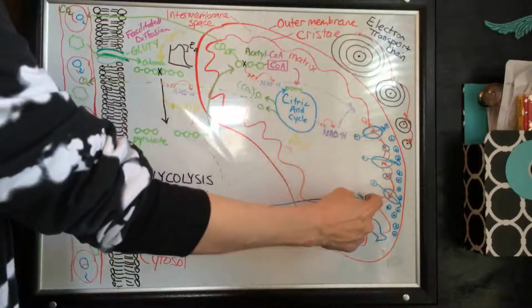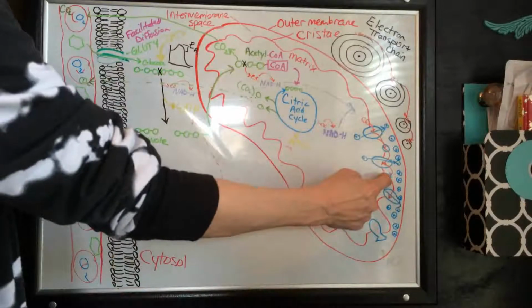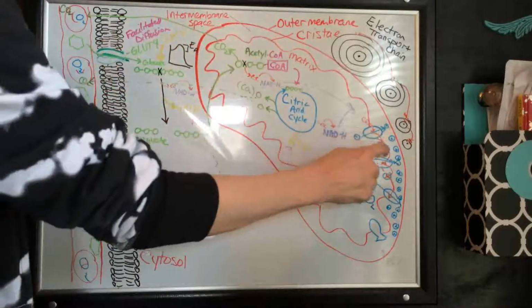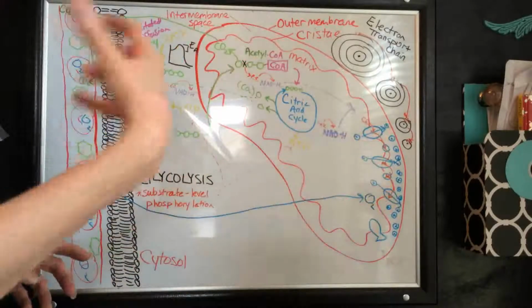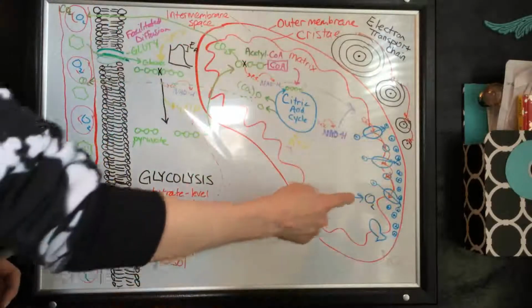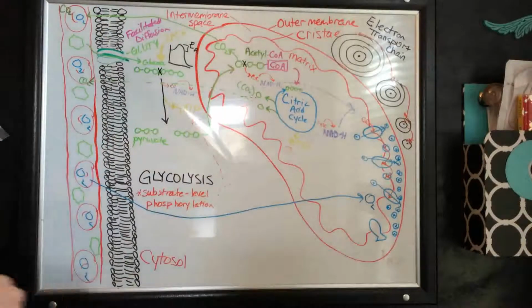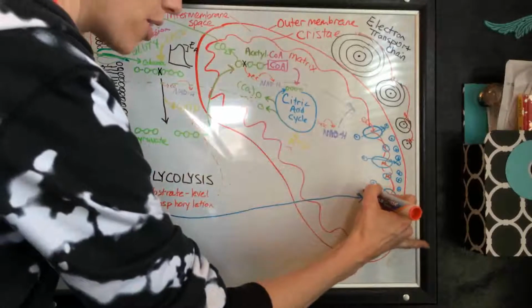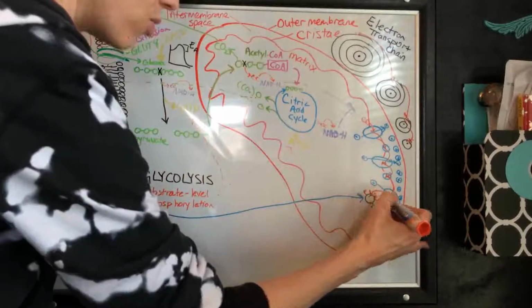Because it's sitting here, it's almost like a vacuum, sucking those electrons down. So this one gets its electrons sucked away from it, so it sucks them from here, which sucks them from here, which sucks them from here. So each protein in the chain is progressively more electronegative, with oxygen being the most electronegative at the very bottom. So that last jump of the electron goes on to oxygen. So now all of a sudden we have an oxygen.